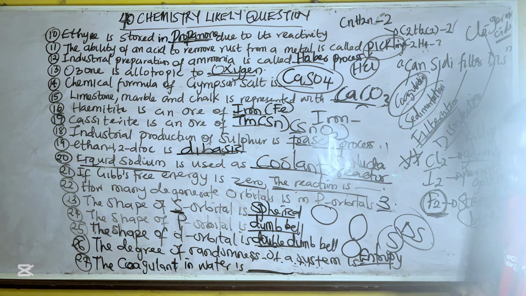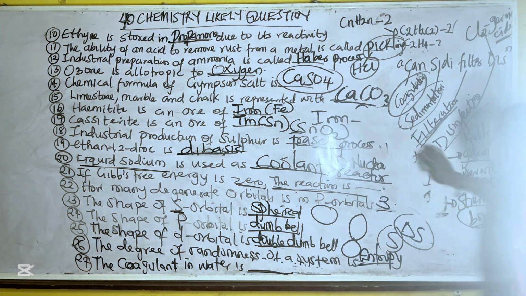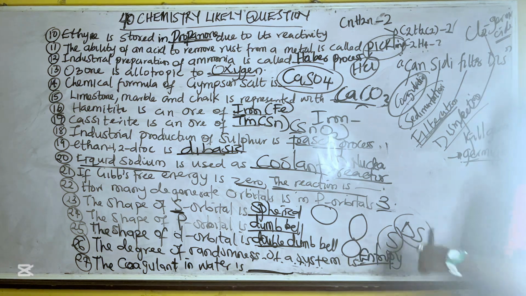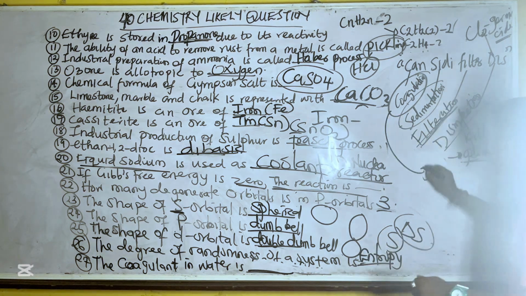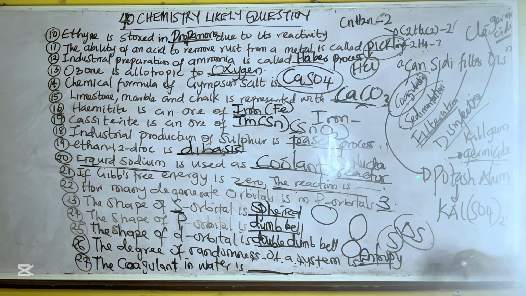Now, the major question is what do we use as a coagulant? Please never forget, what we use as coagulant is potash alum. And I cannot forget because it's an example of a double salt. How do I know that it's a double salt?